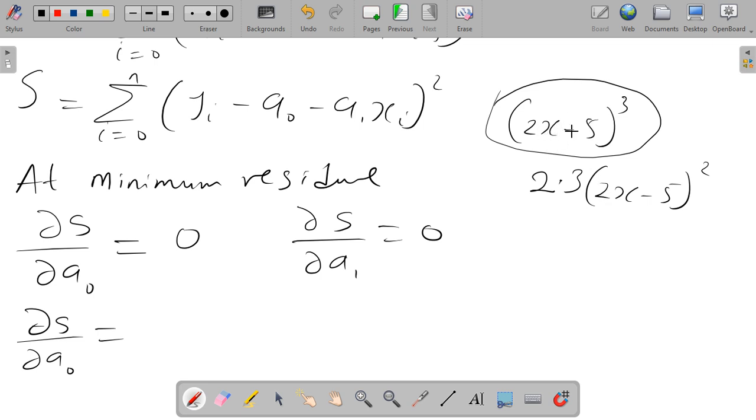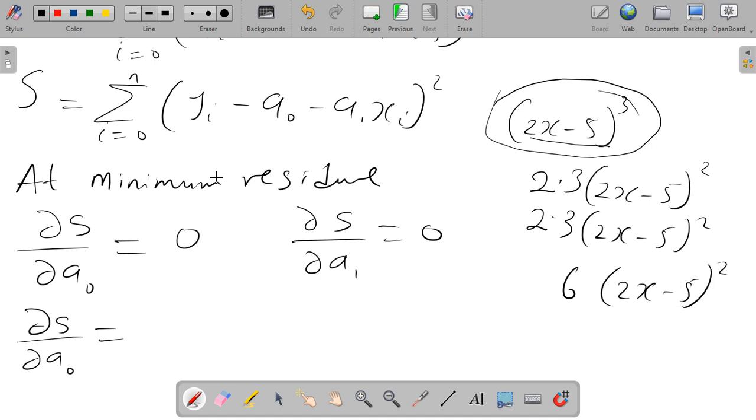You differentiate the inside before you differentiate everything. So the shortcut is: differentiate the bracket, differentiate everything. If I differentiate this bracket, I'm having 2. Differentiating everything means multiply by the power and remove 1 from the power. Very simple. So here will now give you 6 into (2x minus 5) all squared.